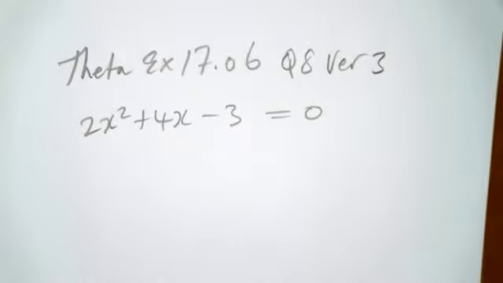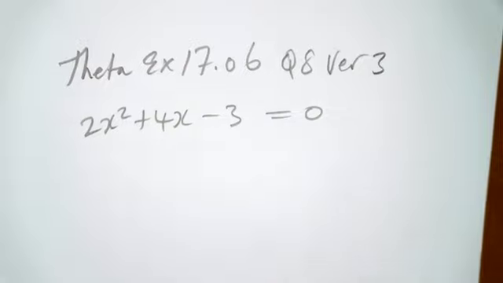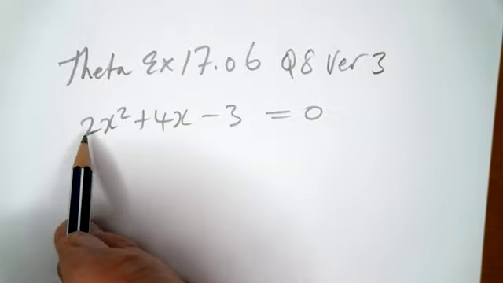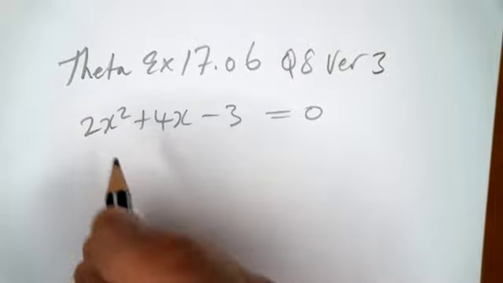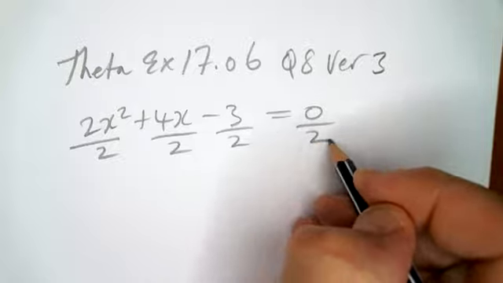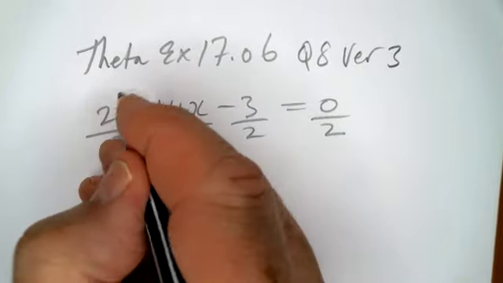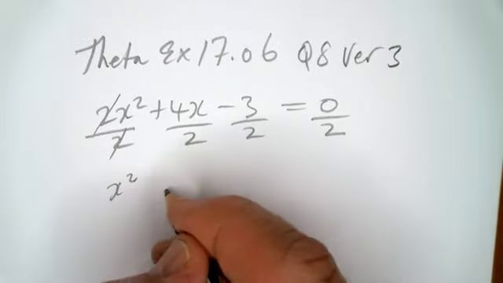That's what we're after. Okay, so a good way of doing this, rather than putting the 2 outside the bracket and then factorizing, is simply divide everything by the coefficient of the x squared. So let's just go ahead and do that. So I'm going to divide this by 2, this by 2, this by 2, and of course that by 2 as well. So 2 divided by 2 just leaves me with an x squared. 4 divided by 2 is a 2.